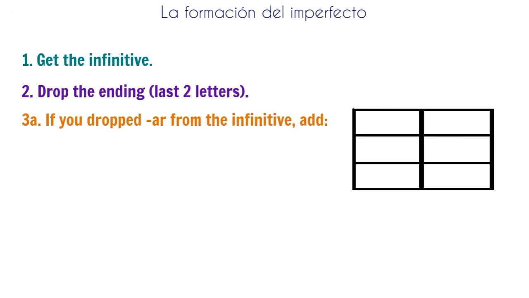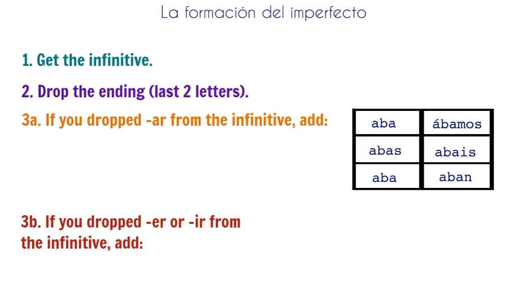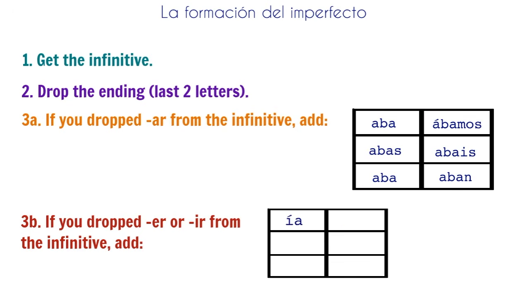Aba, abas, aba, ábamos, abais, and aban. If your infinitive started out as ER or IR, add ía, ías, ía, íamos, íais, and ían. Those I's have accent marks instead of dots on top.